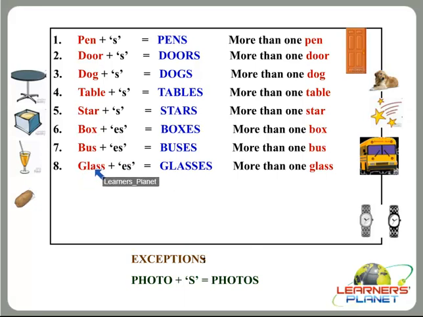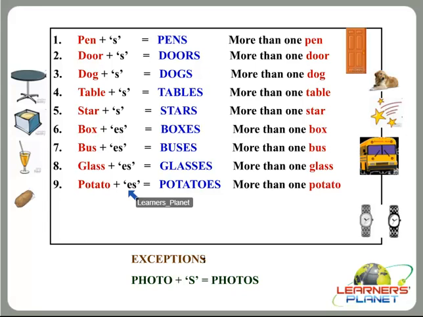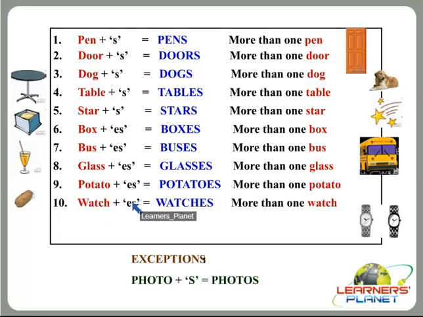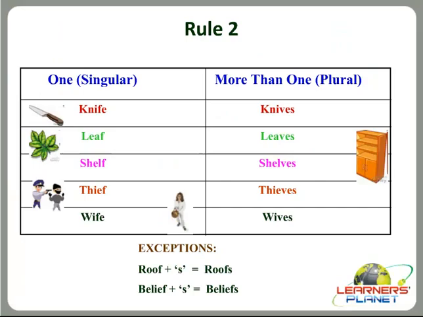So glass plus es becomes glasses. Shows more than 1 glass. Potato, remember we did that? Potato plus es gives potatoes, more than 1 potato. Watch plus es gives watches, more than 1 watch. See, 2 watches.